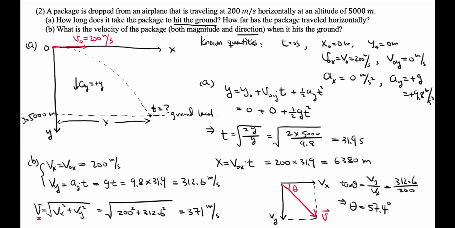Okay, so you can say from this picture, that's the ground level, the horizontal direction. So it's 57.4 degrees below the horizontal direction. Okay, so that's what we say about the direction of the final velocity.